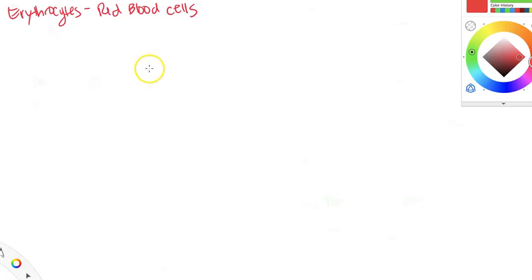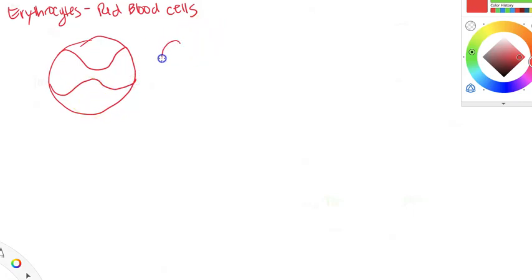And if you think of a cell as being round like that, a red blood cell is not round. It has a biconcave shape. So basically it looks more like this.